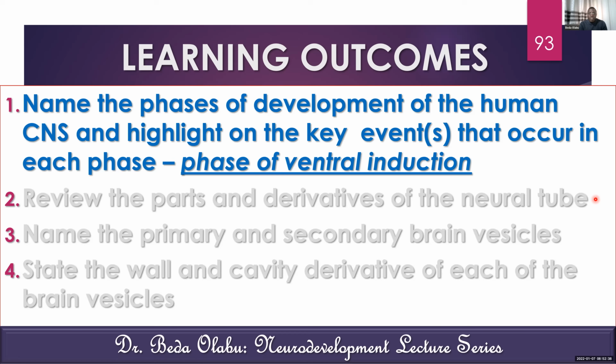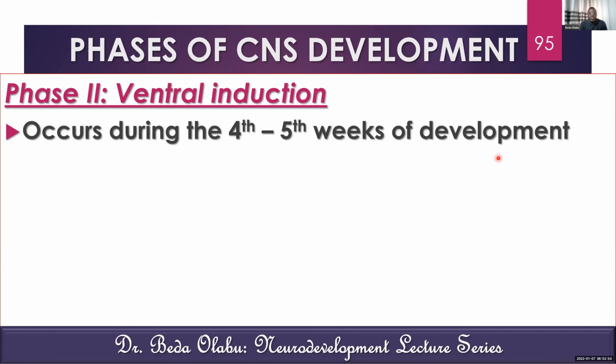Now I want us to talk about the second phase of development of the central nervous system, which is the phase of ventral induction. The phase of ventral induction largely occurs from the 4th to the 5th weeks of development. So you notice that primary neurulation is already complete, and so ventral induction can begin even if secondary neurulation has not yet started.